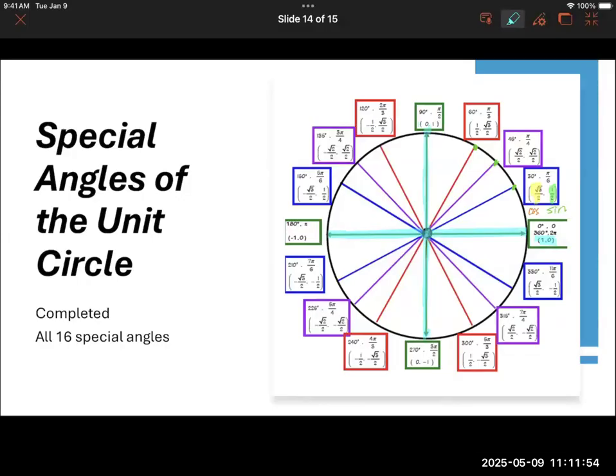Or we can tell that we are 0 units to the left or right, but we went 1 unit up. Or we went 1 unit to the left, 0 units up or down. We went 0 units left or right, but 1 unit down.